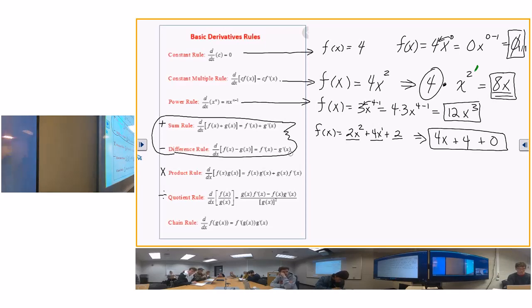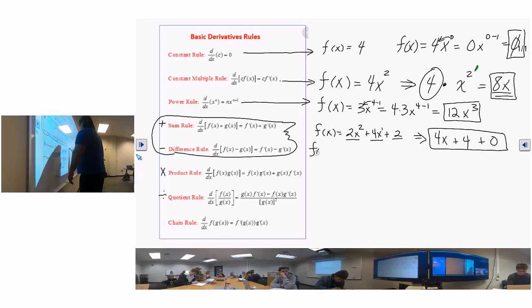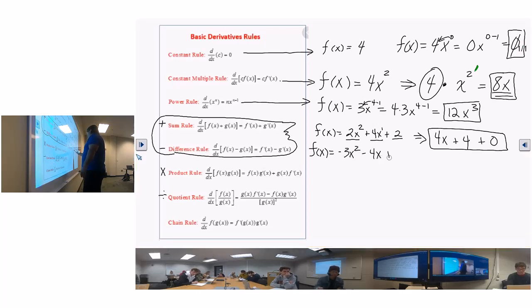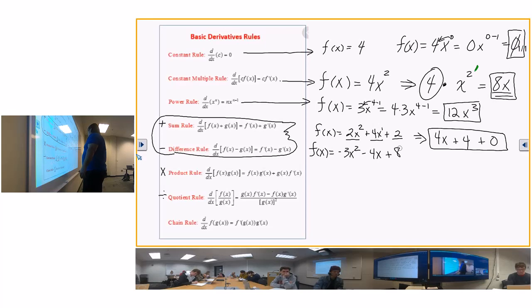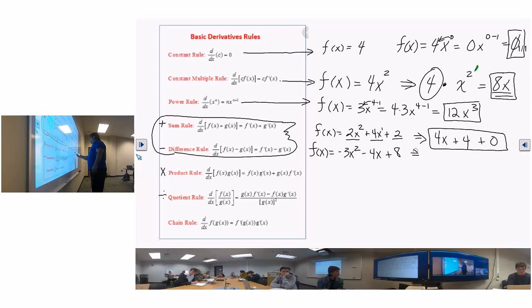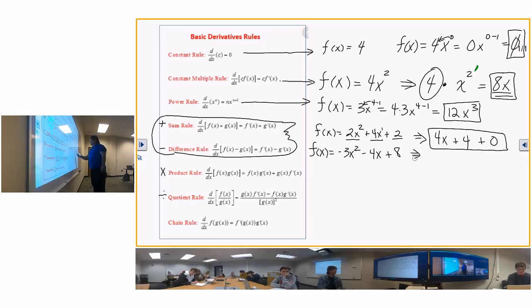Here's the second. F of x is equal to negative 3x squared minus 4x plus 8. And the answer to that is negative 6x minus 4 plus 0.